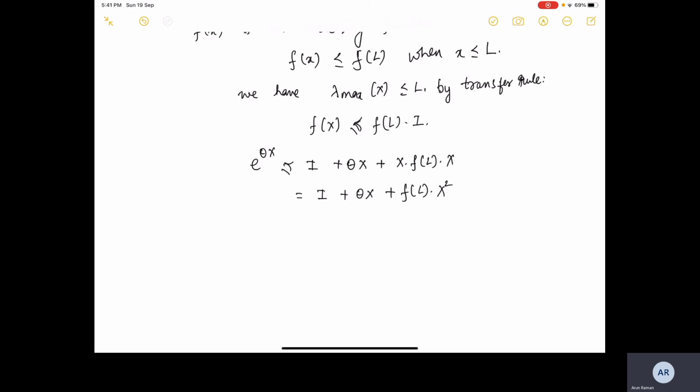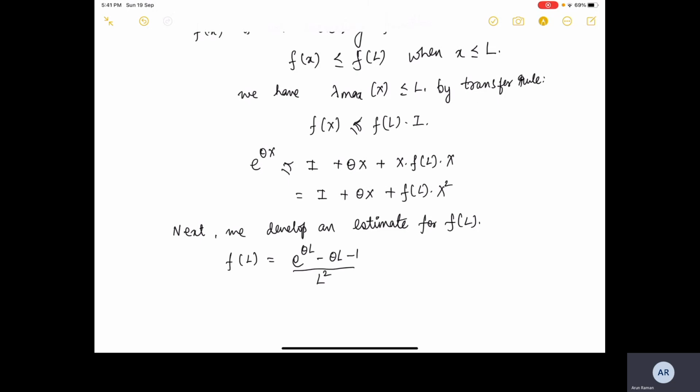Okay, so next we develop an estimate for f of L. So f of L is given by (theta^L minus theta L minus 1) divided by L square.